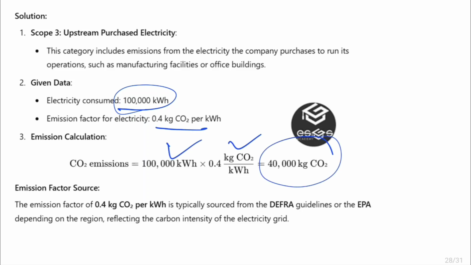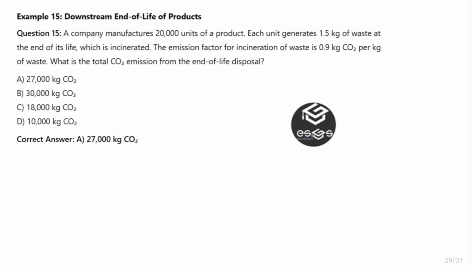Multiply them both and that will give you the emissions for upstream purchased electricity. Again, we can refer to the DEFRA and EPA websites for this emission factor, reflecting the carbon intensity of the electricity grid.